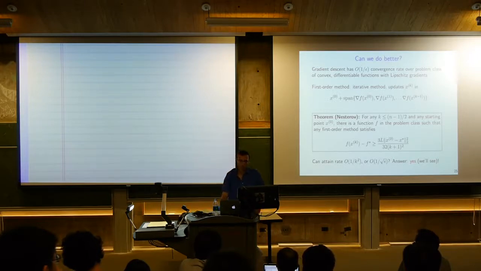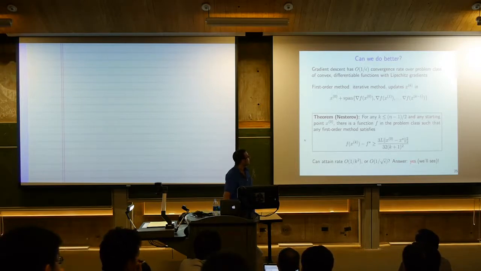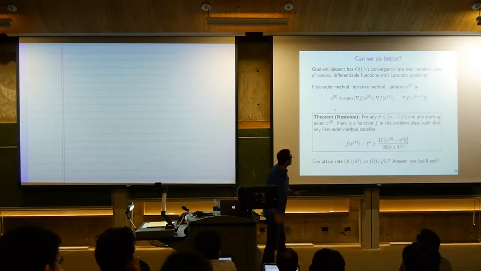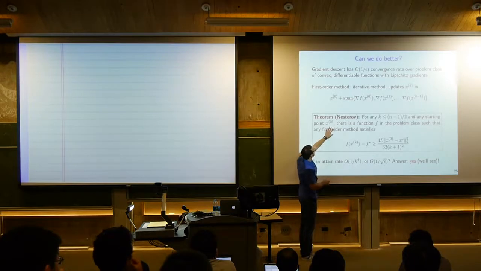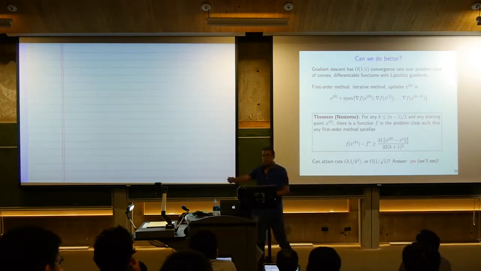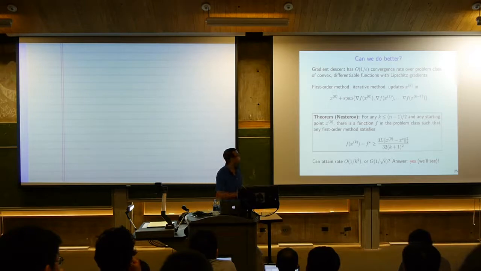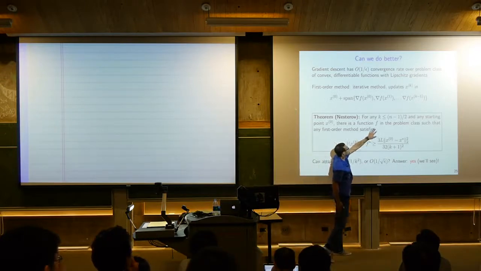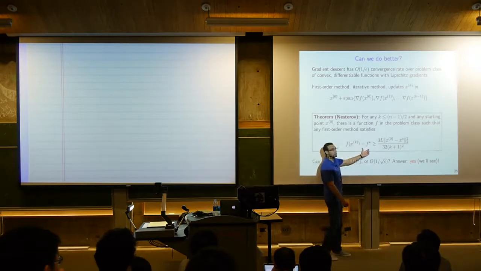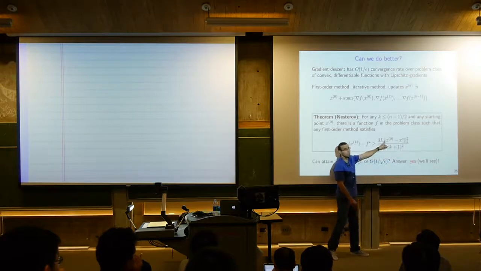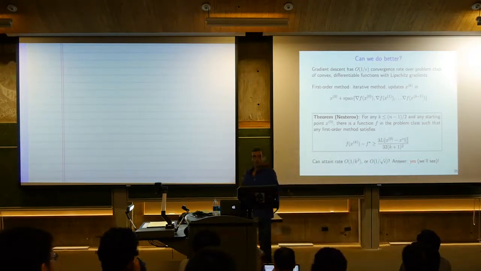It's from the 80s, I think from 1982, in which Nesterov shows that if you give me any initial starting point and you ask me what happens after iteration k, for an arbitrary iteration number k, then Nesterov proves that there is a function that is convex and differentiable and has a Lipschitz gradient, such that all first order methods cannot converge on the criterion faster than this rate. So this is a lower bound on how well we can expect to do.